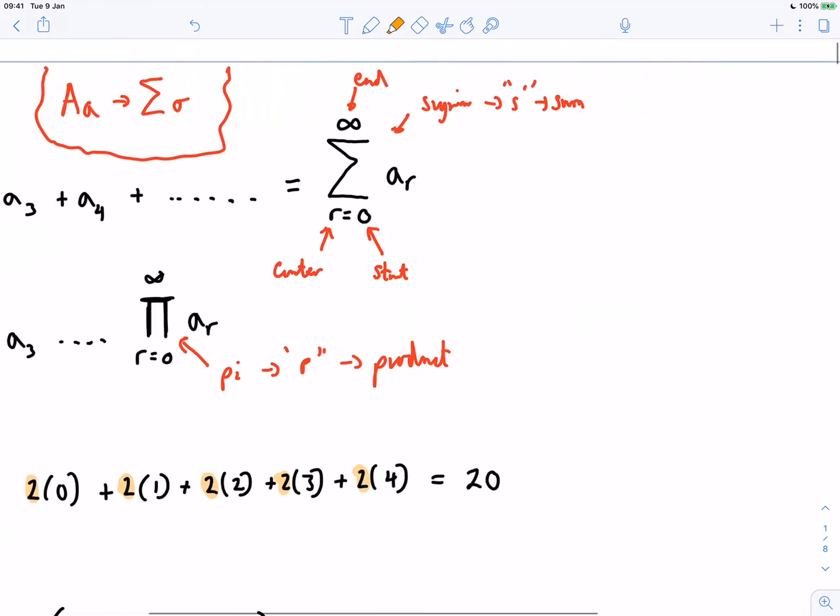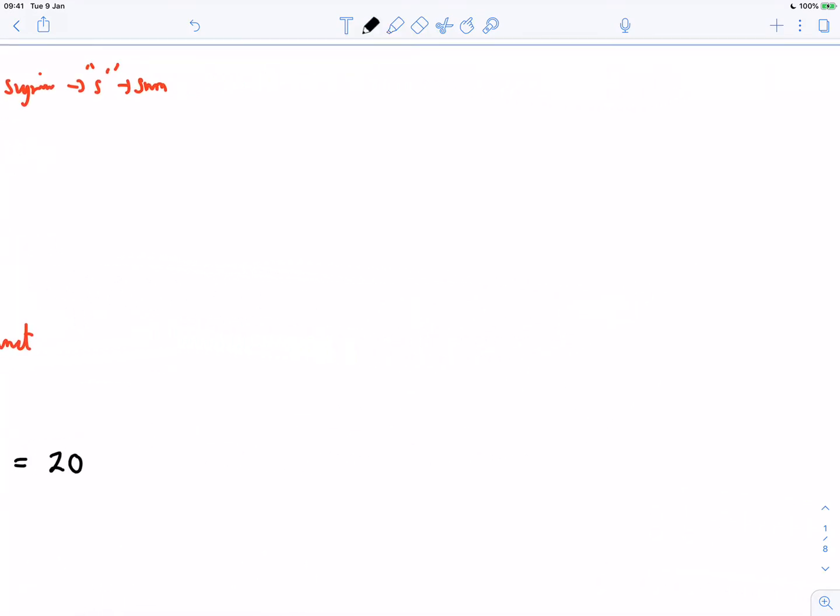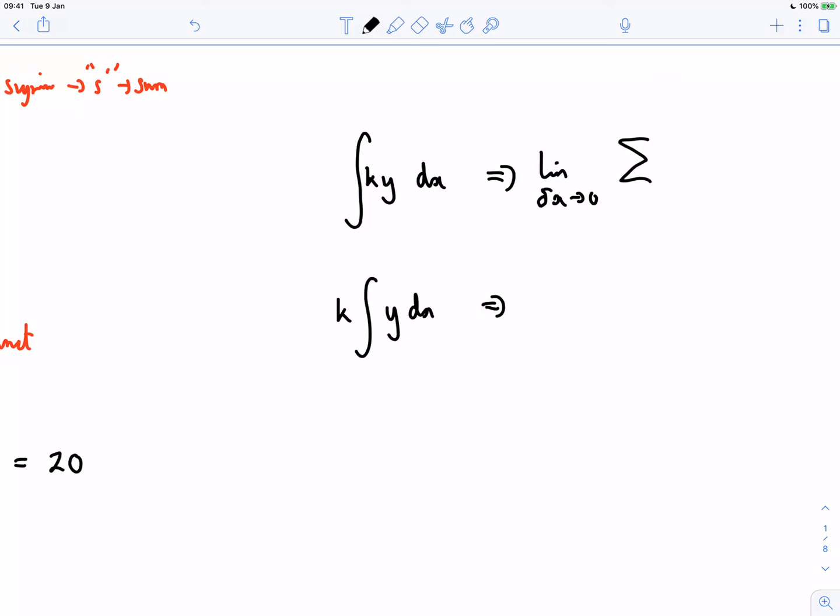In actual fact, that's an interesting case. With integrals, y dx, if I have a k y there, then I can take this k out as a factor. I've already said this. That is because integrals are essentially the limit as a change in x tends to 0 of an infinite sum of y's times that delta x.